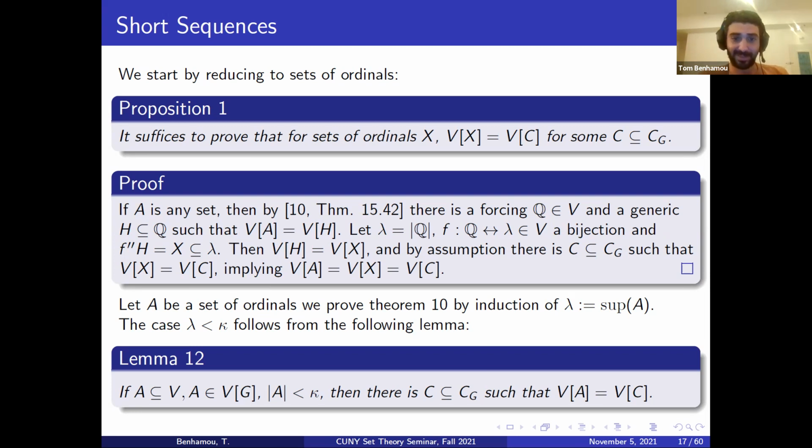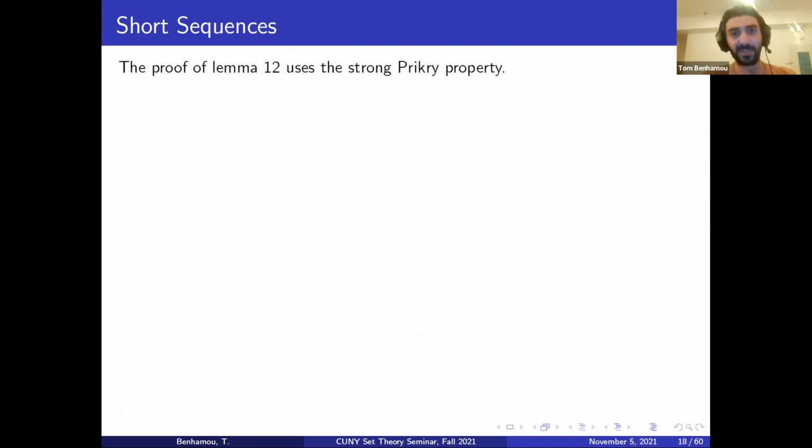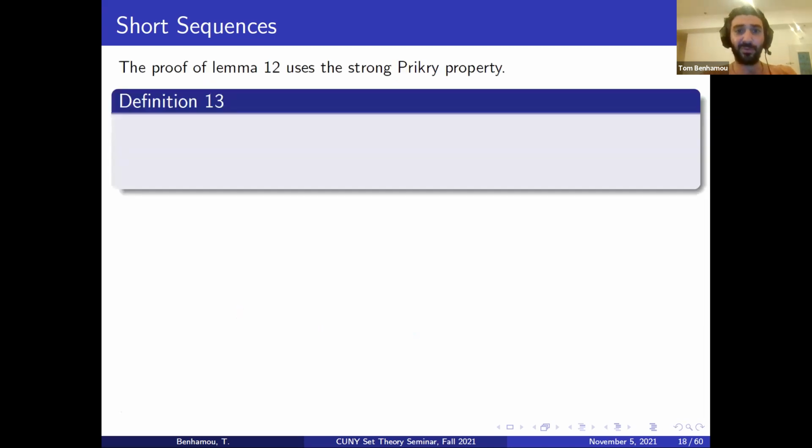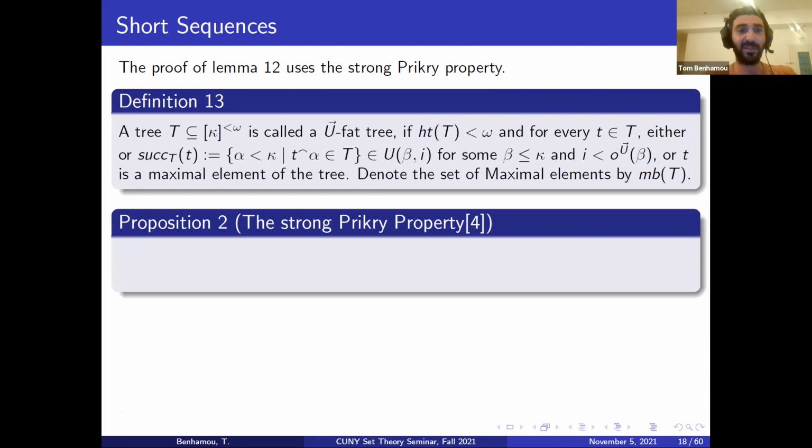And for this, we need the strong Prikry property for this variation of Magidor forcing, which I'm not going to prove. I'm going to state it, but I'm not going to prove it. In order to explain what the strong Prikry property is, I need the following definition.